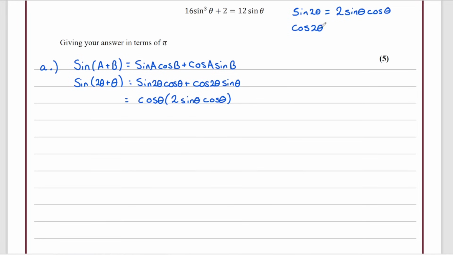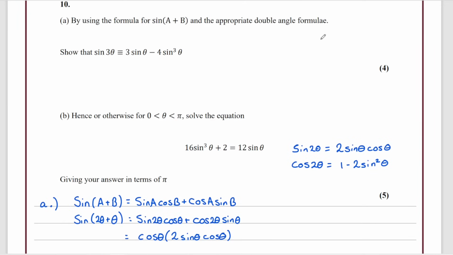We've now also got cos 2 theta here, so just be slightly careful with cos 2 theta, because there's a few different things that we could substitute in here for cos 2 theta. The one result that we want to use here is simply going to be 1 minus 2 sine squared theta. We want to use this here because notice for the actual result that we want, let me scroll up a bit, everything's in terms of sine. Okay, so there's no cosine involved here, it's just 3 sine theta minus 4 sine cubed theta.